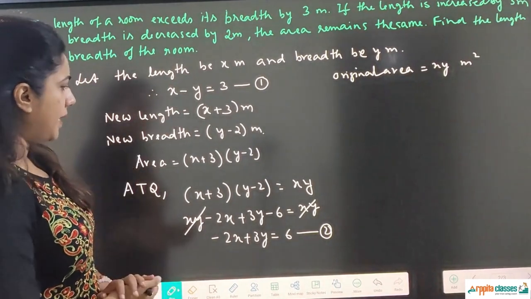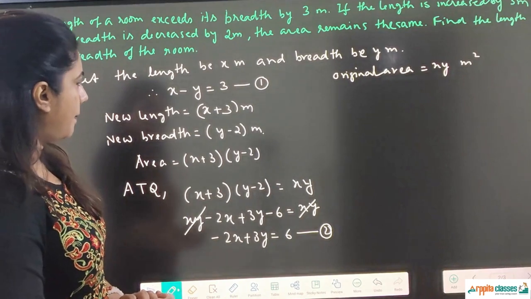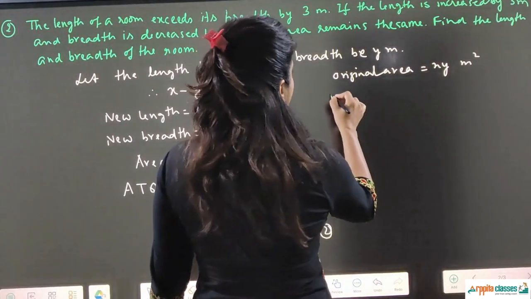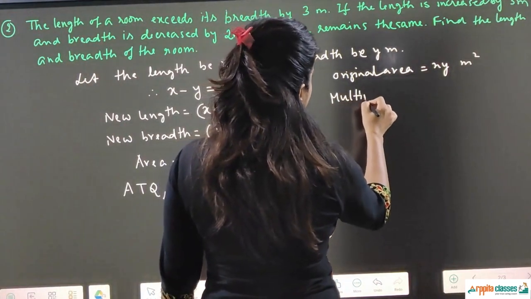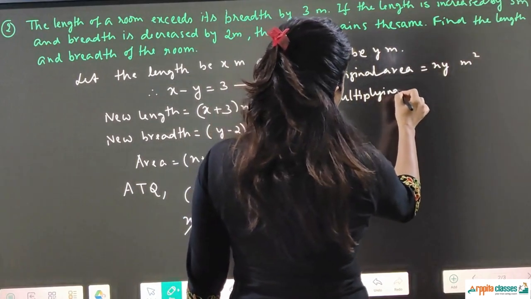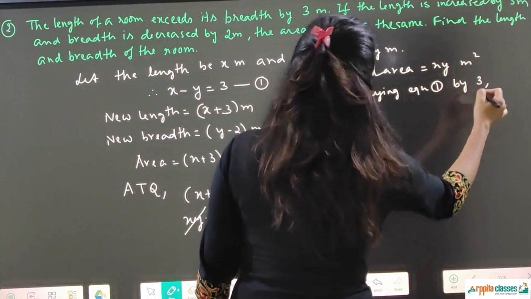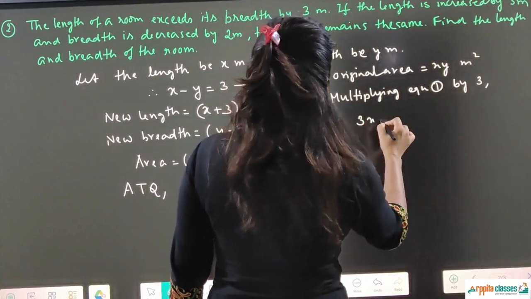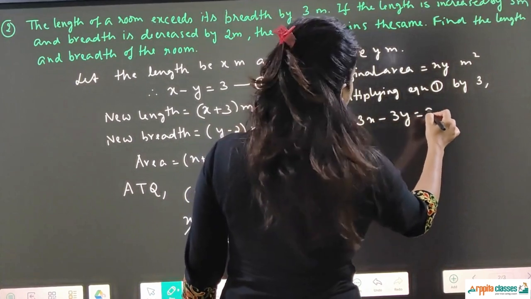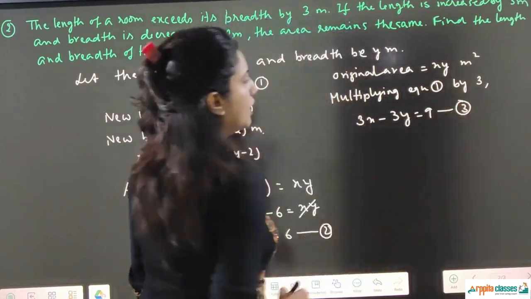So now let us multiply the first equation by 3. So write down multiplying equation 1 by 3. So we get 3x minus 3y is equal to 9. This is my third equation.